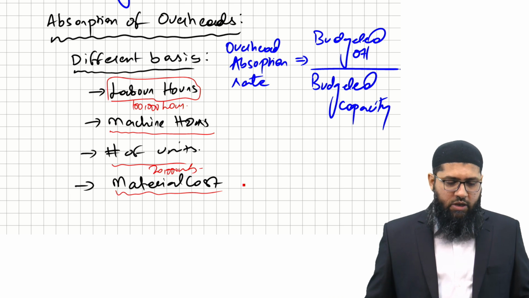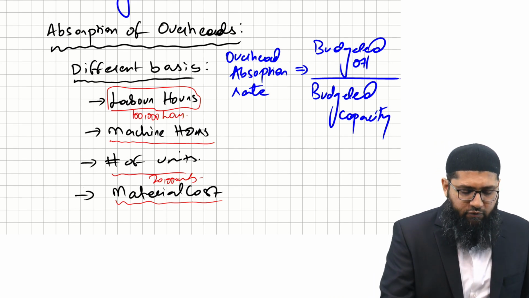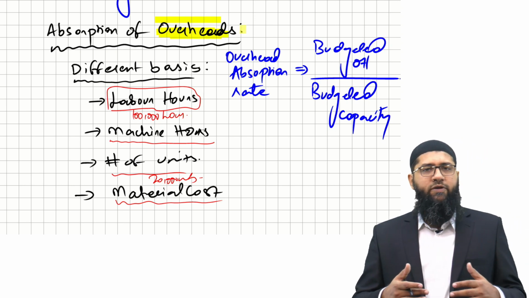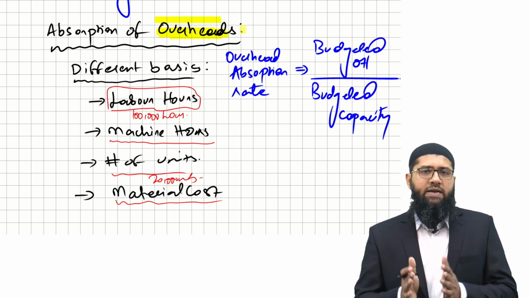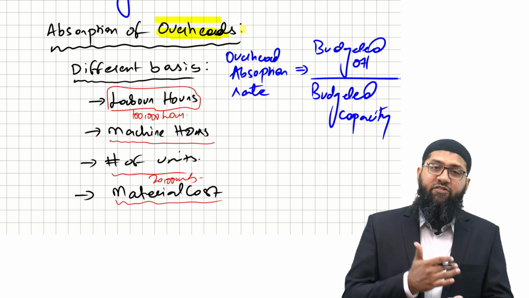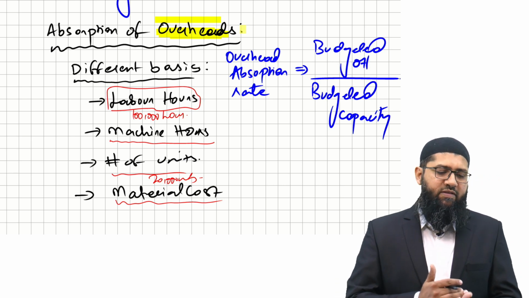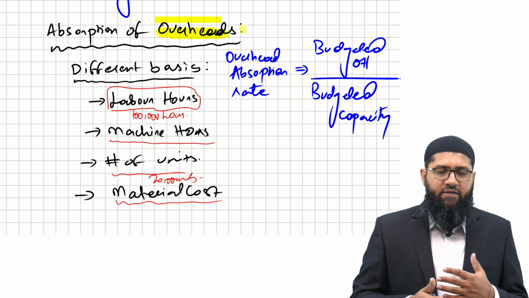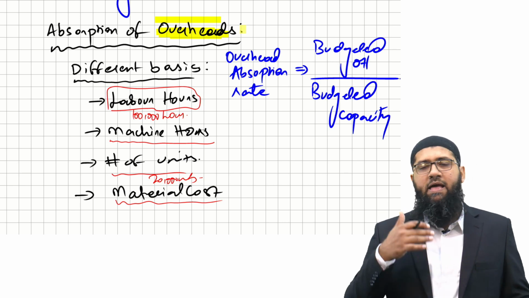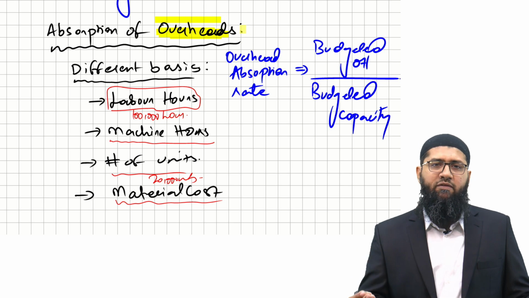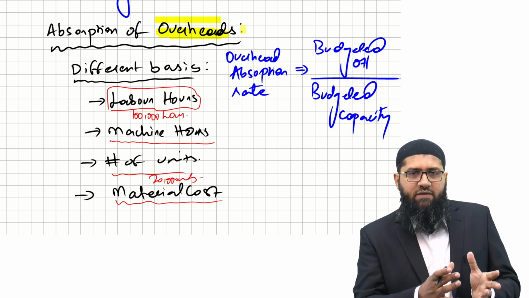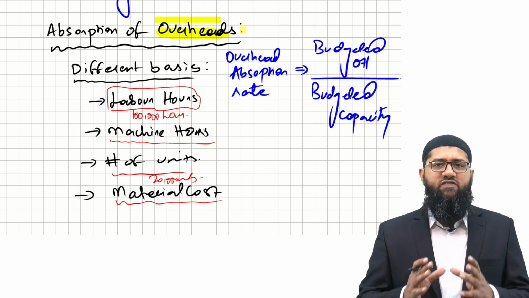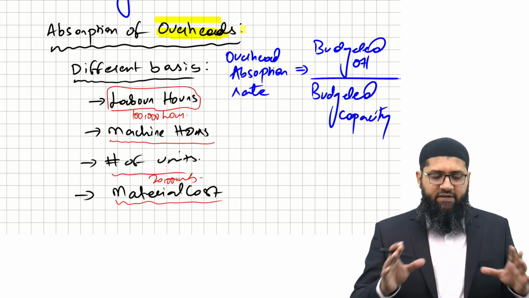When I talk about overheads using absorption costing, the overheads are absorbed on some reasonable, or appropriate, basis. If you are labor intensive, on the basis of labor hours. If you are machine intensive, on the basis of machine hours. If you are focused on number of units, on the basis of number of units. That's how things are.